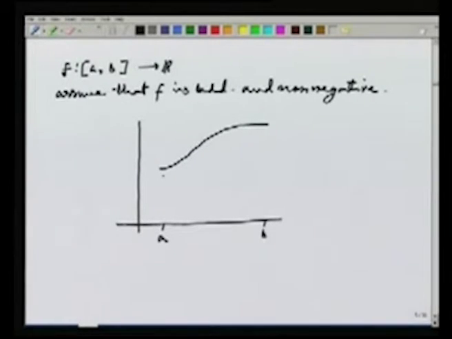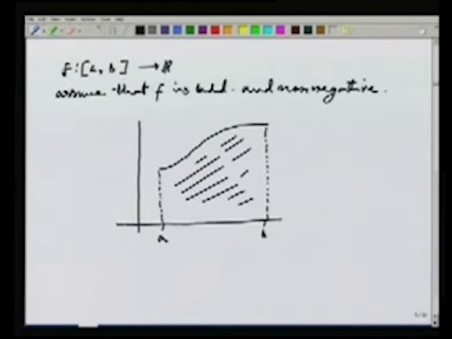What I want is, let us draw these vertical lines first. What I want is to find the area between this enclosed region. Okay, I want to find this area.